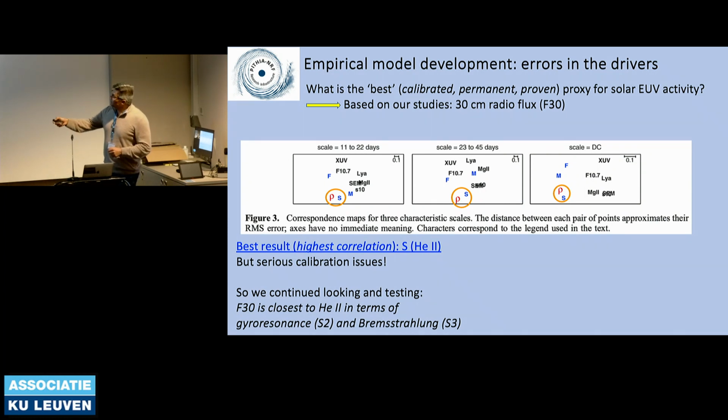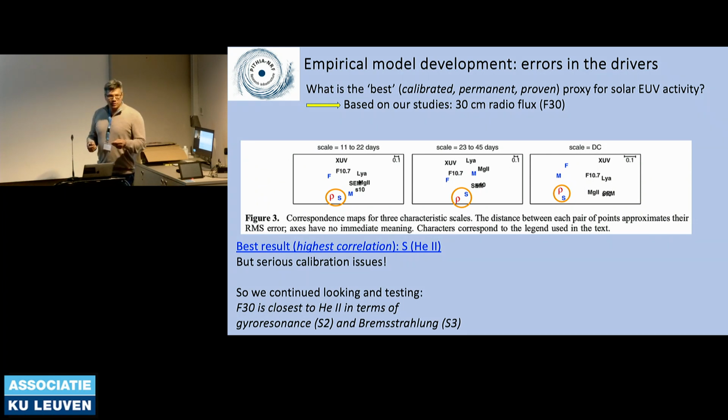And always, like this plot is showing, it's a correlation, which means you have to read it as the closer one of these parameters is to your looked-for parameter rho, the higher the correlation is. So in all cases, actually, S, which is helium-2, gave us the best results. Still, we didn't use that because of very serious calibration issues, which I can show you a little bit later.